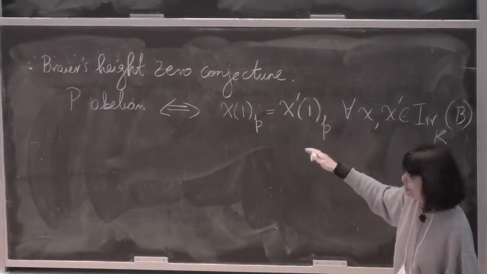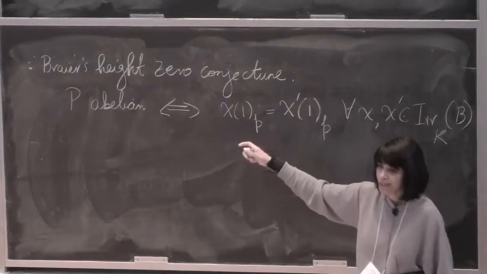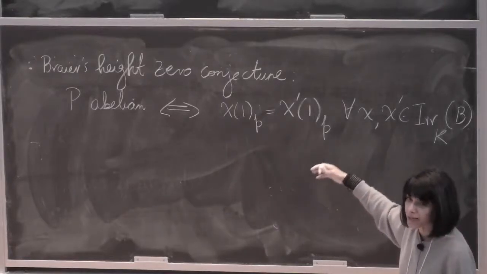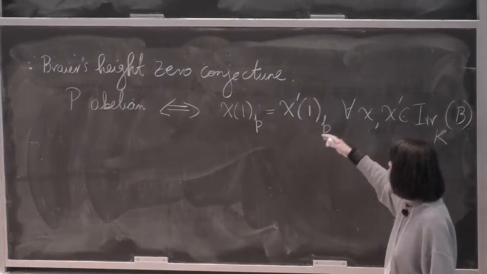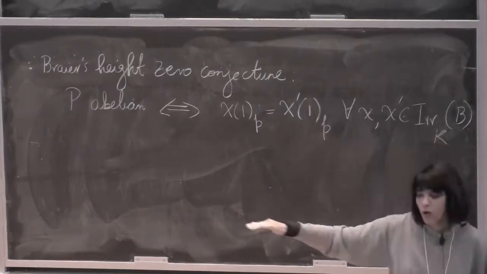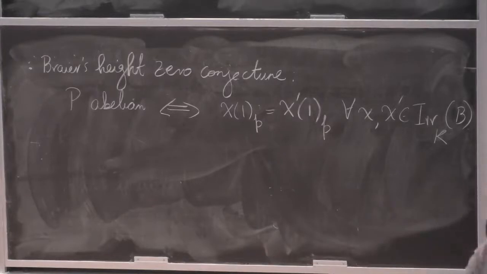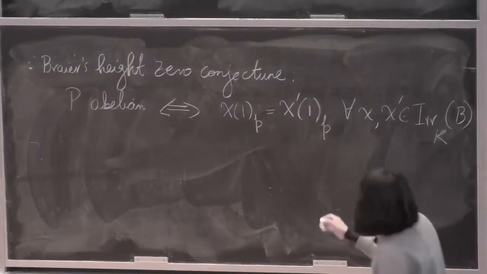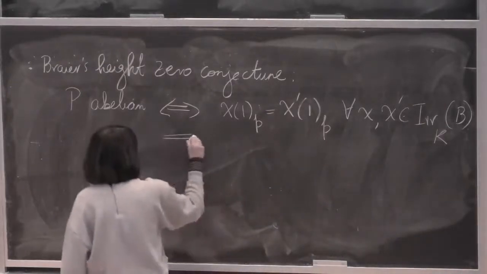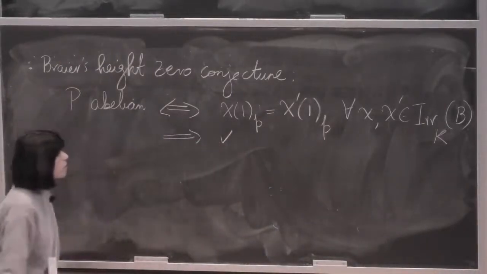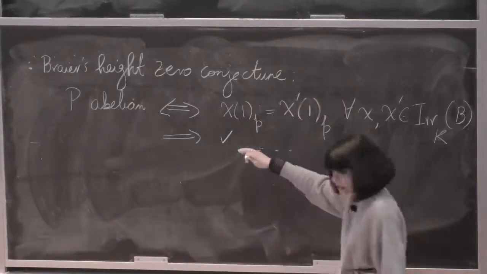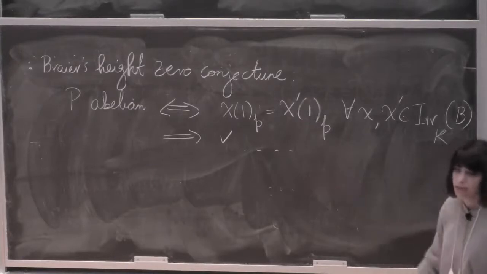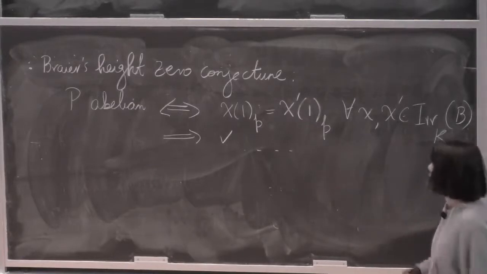So we've seen in Gabriel's talk, the p-part of a character degree is really important, and P being abelian is conjecturally equivalent to the fact that if you go across all characters of your block, then at least the p-part of their degree is the same. And I should say here that one direction is now known. It's a theorem which goes through the classification of finite simple groups.